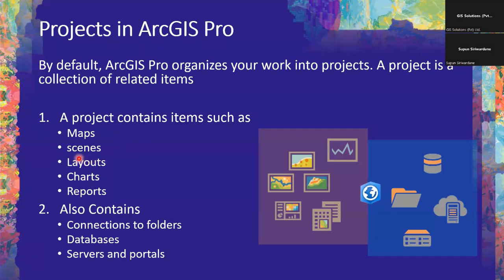And scenes. Scenes means a 3D visualization, the map view or the 3D view. Layouts for printing purposes, charts, reports, and many other features. And also this kind of project contains some other important items. So let's see what these items are.